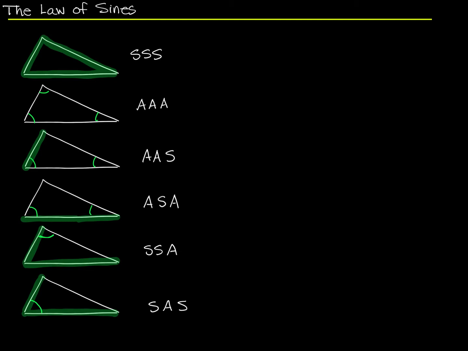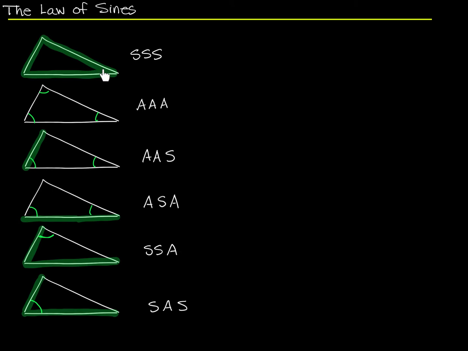Now, what's the point in going over all of these different cases? The point is that if you know the lengths of the three sides of a triangle, then you know the only triangle that can be made up of those three sides. You could have another triangle exactly the same size, but you can't have a triangle with a side length of this side and a side length of this side and have a different side length of this side.